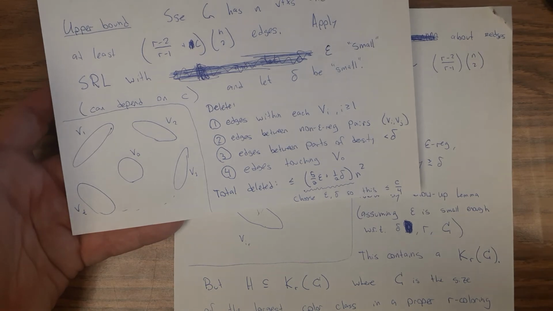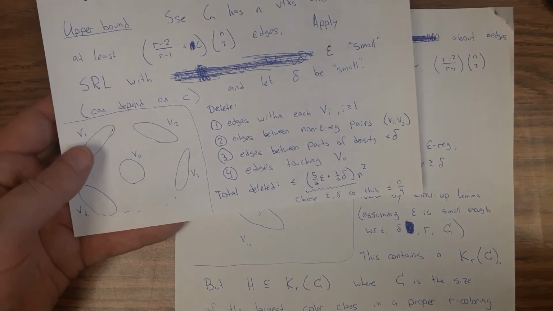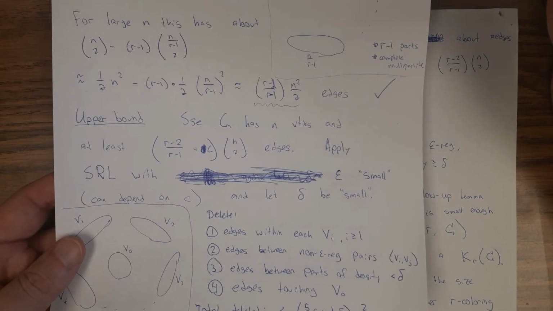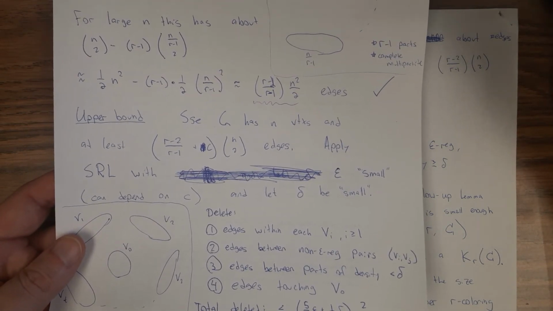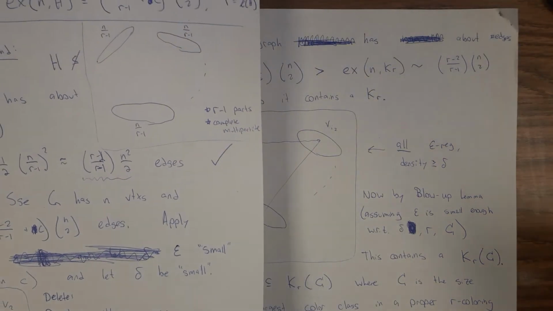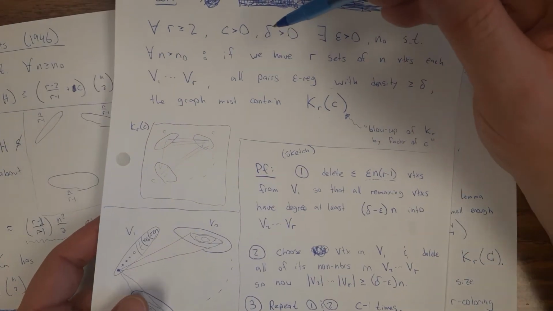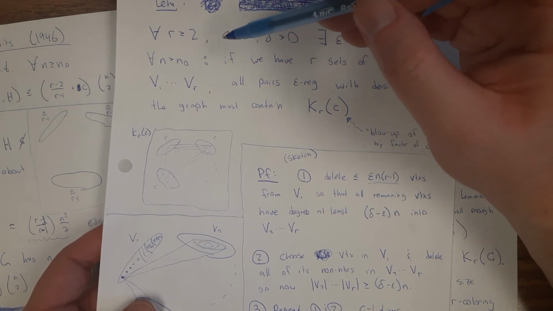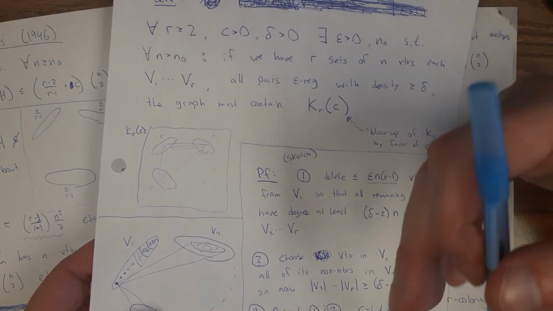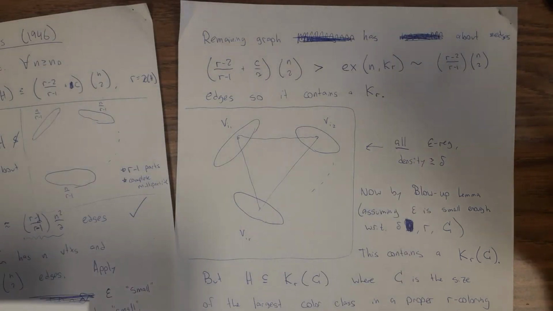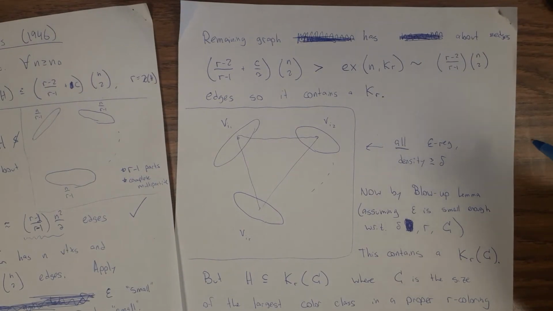Then, once we've fixed a delta, and we have already fixed an r because H is given for this, and we have fixed a number c, which I will talk about later, then we choose epsilon.